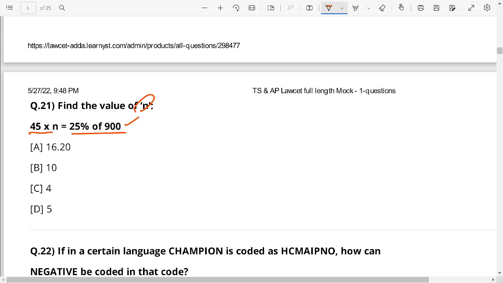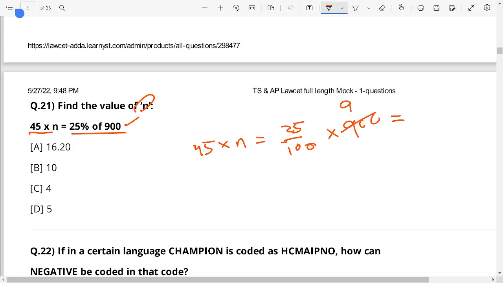Let us write it like this: 45 into n equals 25% of 900. It can be written as 25 divided by 100 into 900. Now if we cancel this, 25 nines, we get 225.